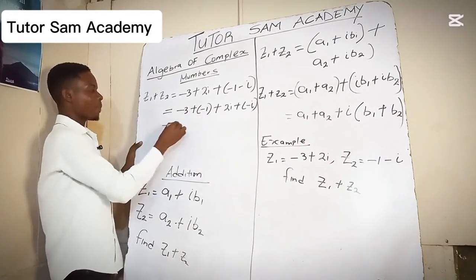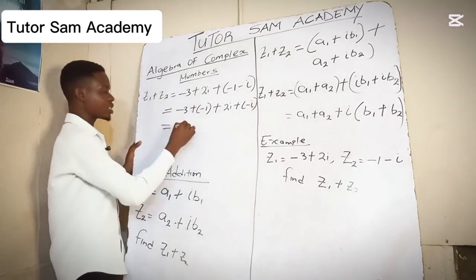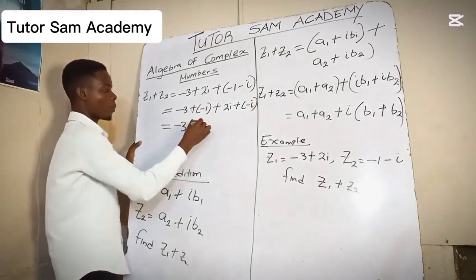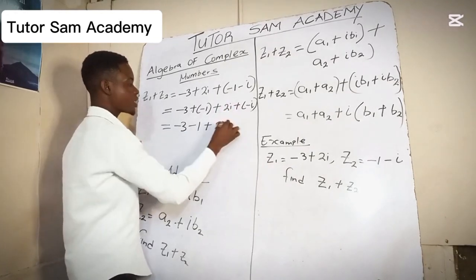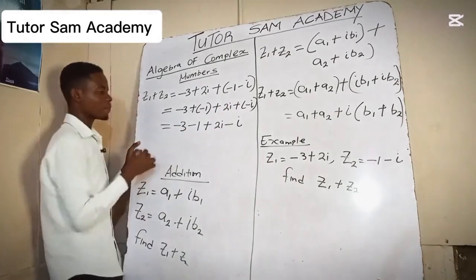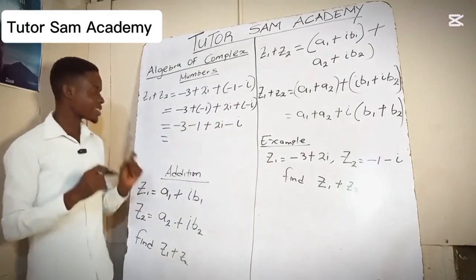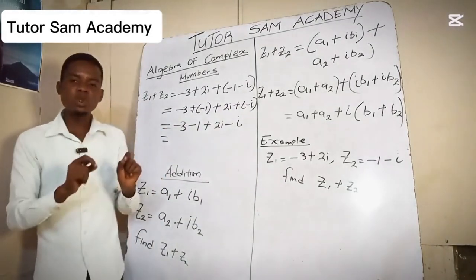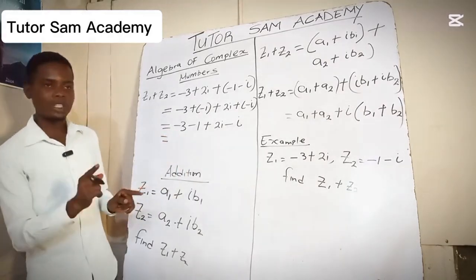So this is minus 3, plus multiplied by minus is minus. So this is minus 3 minus 1 plus 2I, plus multiplied by minus is minus, this is minus I. So from here, I will have minus 3 minus 1. Don't forget, as I always told you, when you have minus, it means you are owing. So minus 3 means you are owing 3.